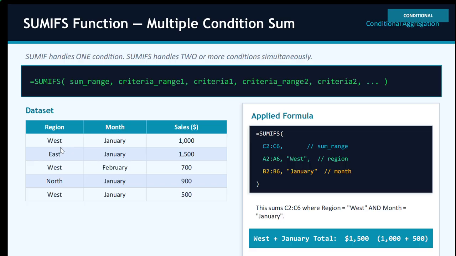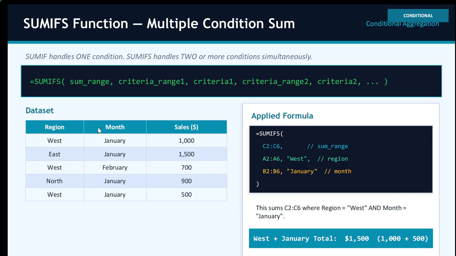So we want to know West, and get the region for a particular month. That means January, but it should still be in the West region. Are we together now? So first we do the sum range, which is C2 to C6, then the region and month conditions.